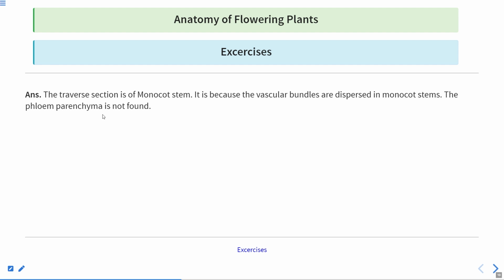And when you see a single vascular bundle, the phloem parenchyma is absent in the case of monocot stem. So this shows that the transverse section you are visualizing under the microscope with such features is of a monocot stem. Okay.